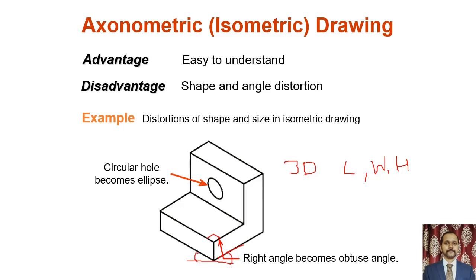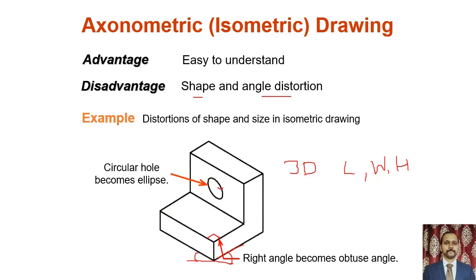So it is very important to take care of this angle and the shape that we produce. If you see this circle, when we draw it in an axonometric view, it becomes an ellipse. So that is why shape and angle distortion is the basic disadvantage of isometric drawing.